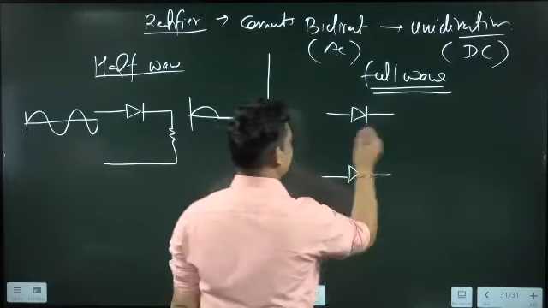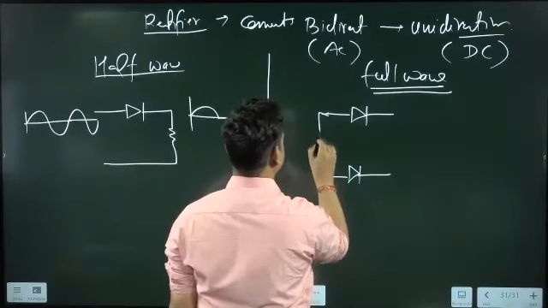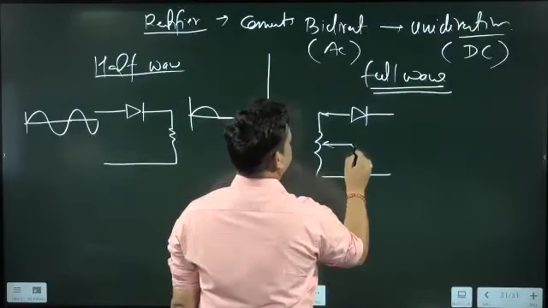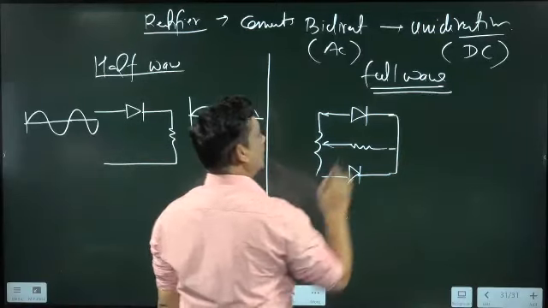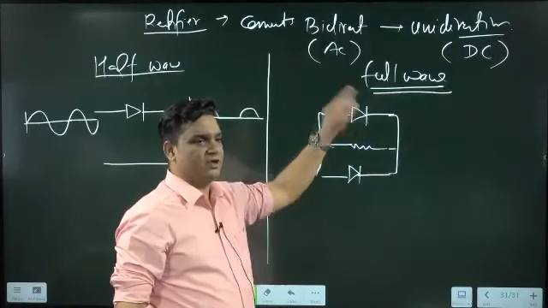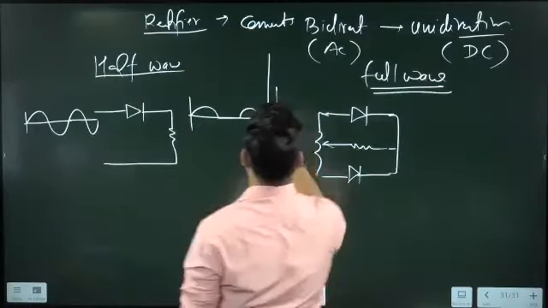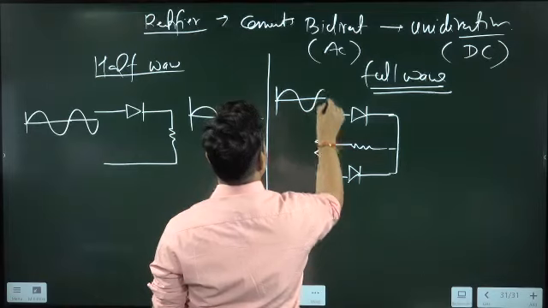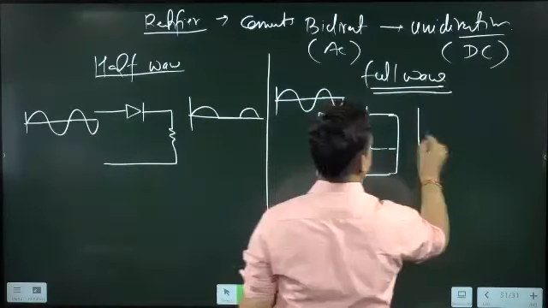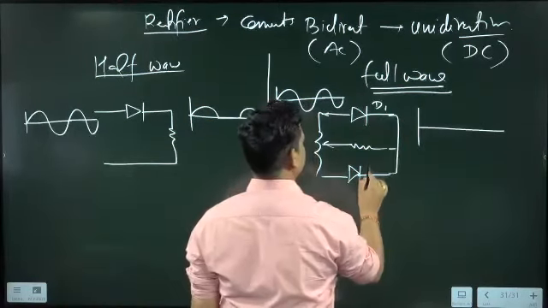When two diodes are there, this is the diagram. At a time one will be acting: when the positive cycle comes, the upper one acts, and when the negative comes, the lower one acts. So when AC input comes like this, the positive cycle is processed through D1, the upper one, and the other cycle through D2.